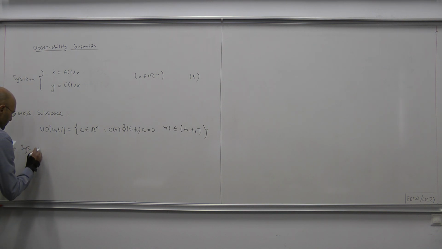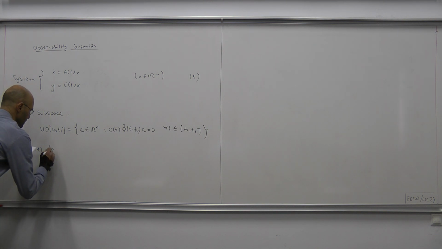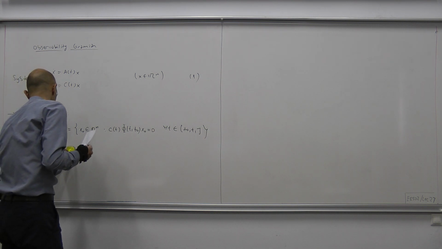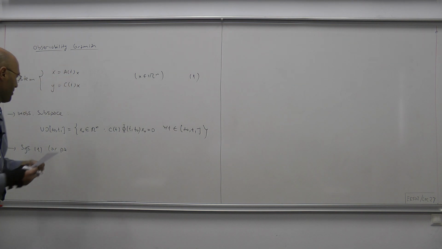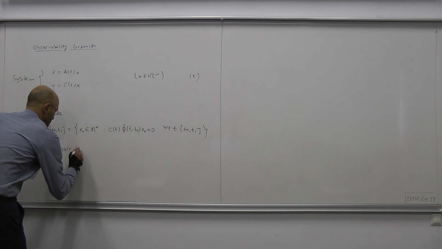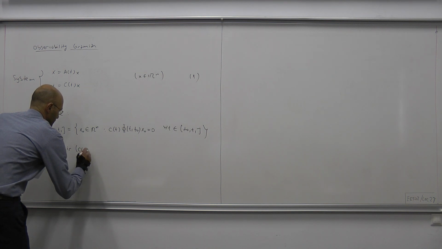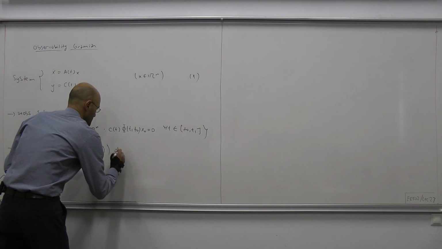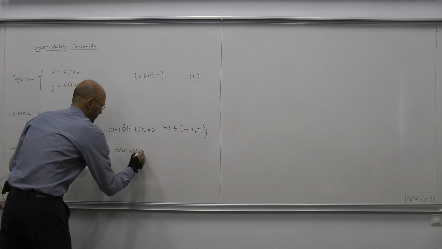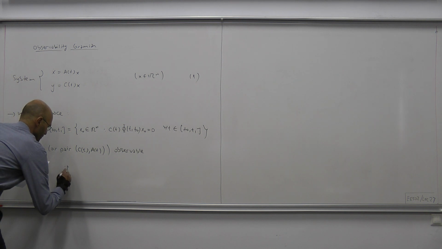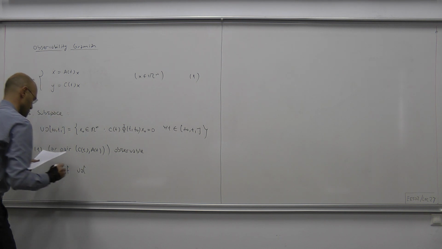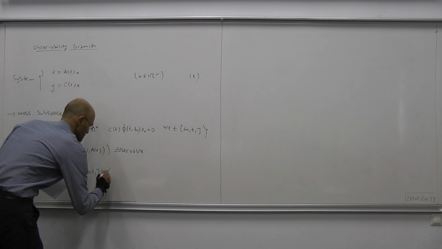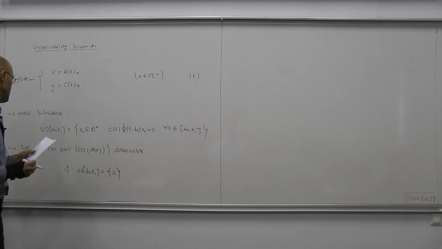We said system 1, or equivalently the pair (C, A), is observable if the unobservable subspace for the given interval t0, t1 is of dimension 0, or contains only the zero vector.